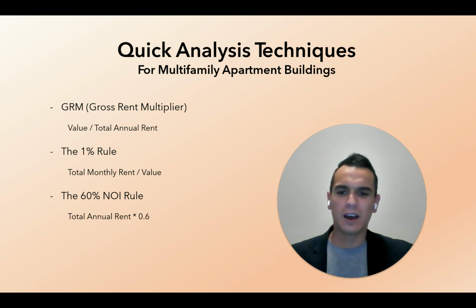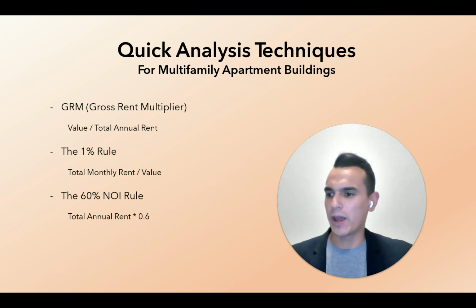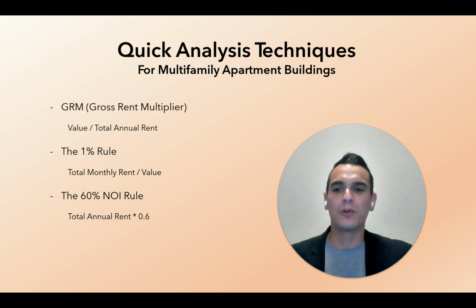So the idea behind it is we're kind of cutting out the expenses. Again, expenses can vary. Some people may put lighter expenses just to show their property is potentially worth more. But we're ruling out all of that variability and we're just focusing on something that is pretty easy to determine. No one should be screwing up rents.